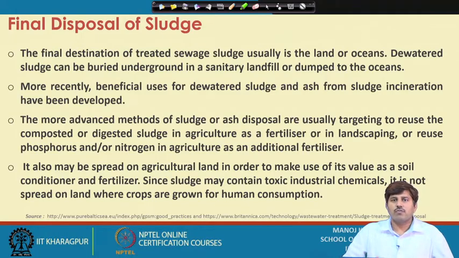As with the reuse of fly ash and similar ashes, the sludge incineration ash can be used as a building material or for those kinds of uses.